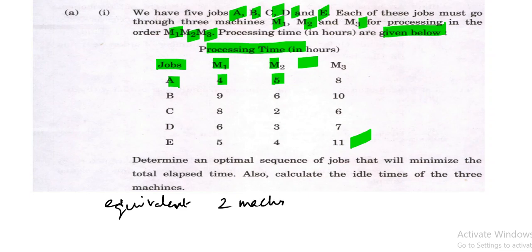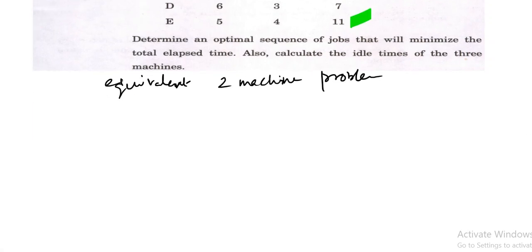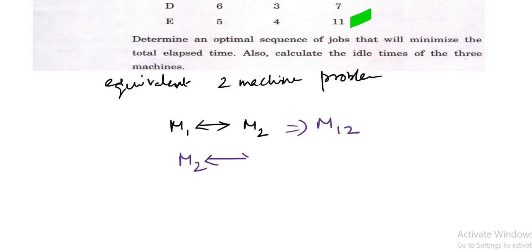Combine the processing on M1 and M2 into a single machine M12, and combine M2 and M3 into a single machine M23.